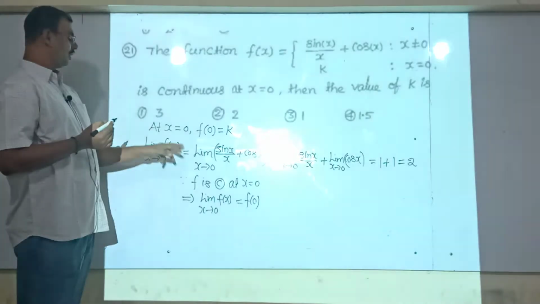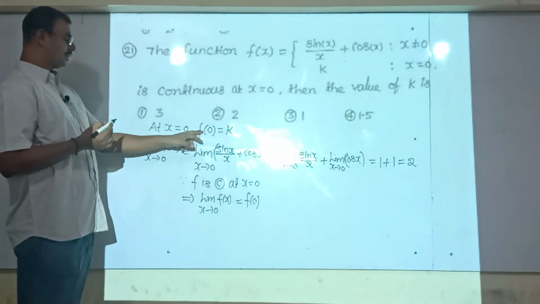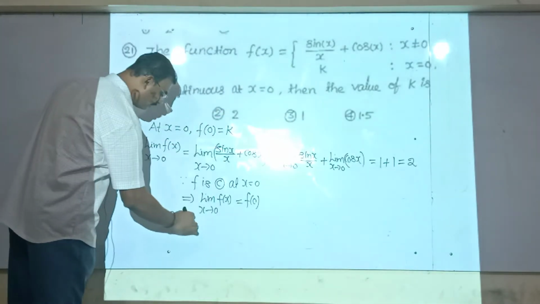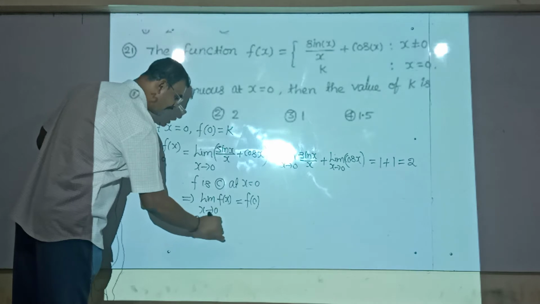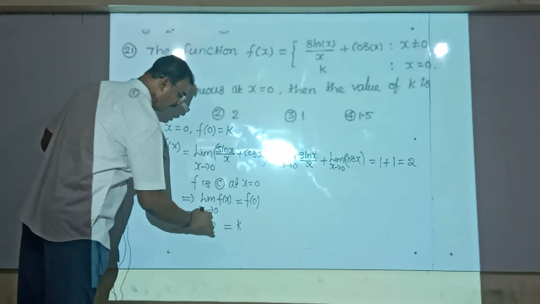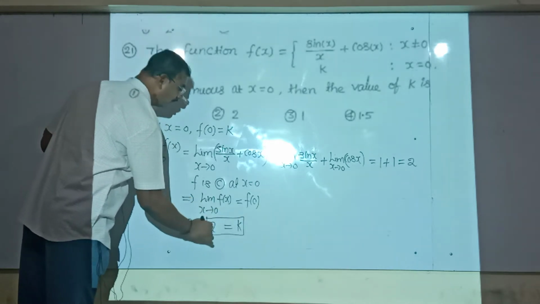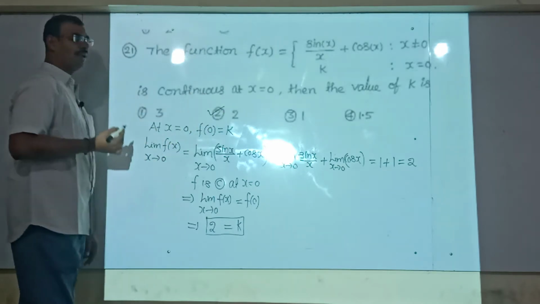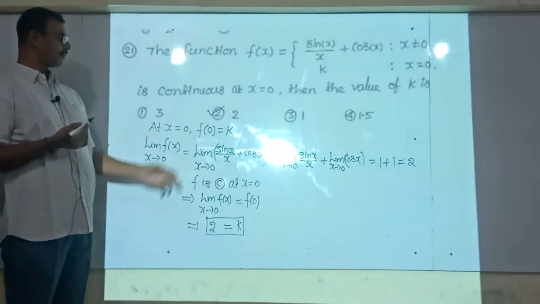Now equating the value of f of 0 and the limit of the function, what is the answer? 2 is equal to k. So what is the k value? k is equal to 2. So the answer will be the second option.